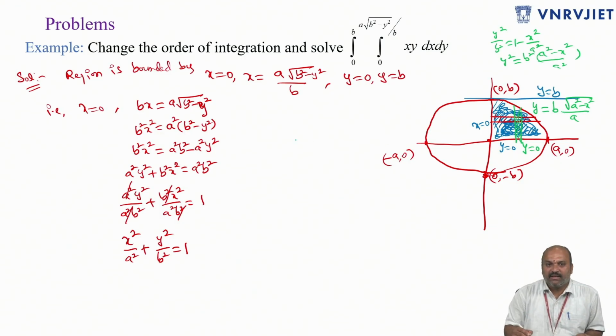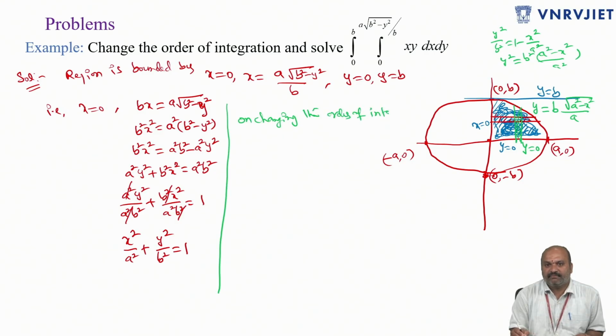Now, on changing the order of integration, y varies from 0 to b by a root over a square minus x square.